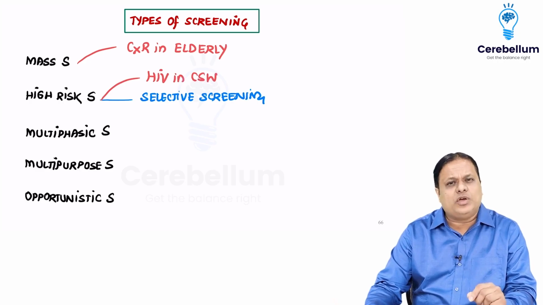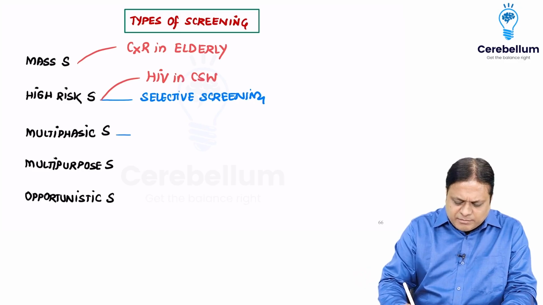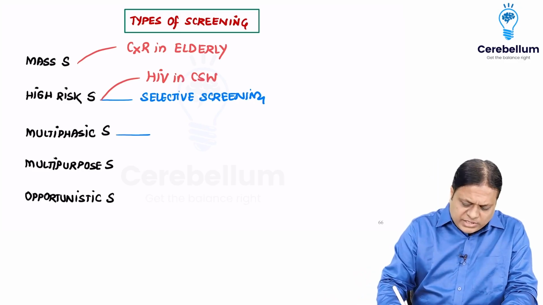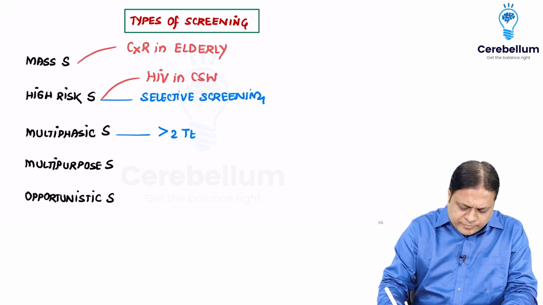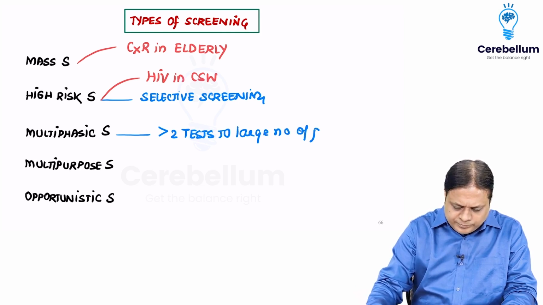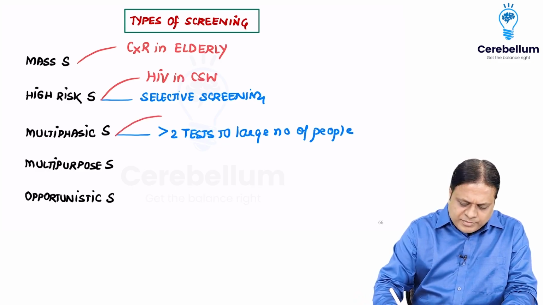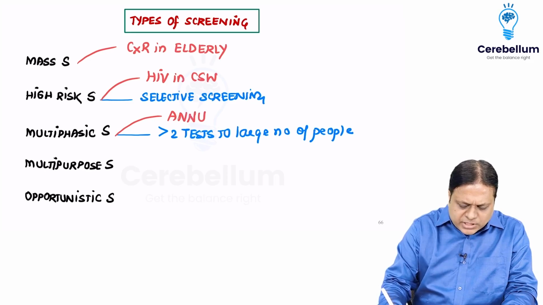Multiphasic, multi-purpose, you have to differentiate clearly. What is multiphasic screening? Multiphasic screening is more than 2 tests to a large number of people. I told you the question asked in your exam: annual health checkup is a type of multiphasic screening.